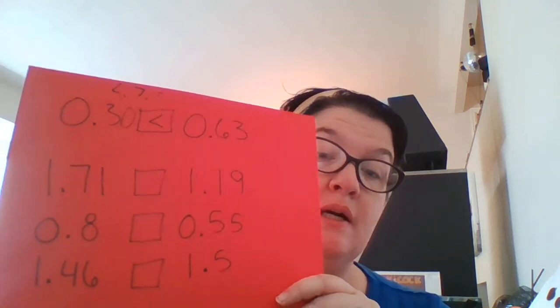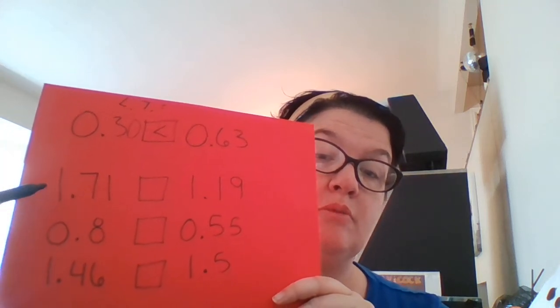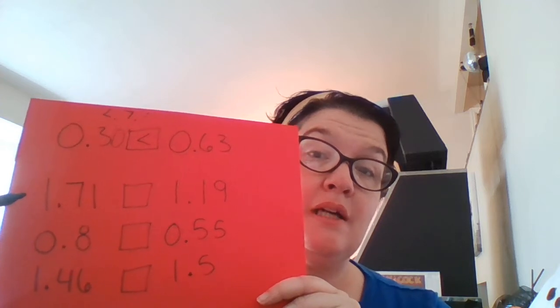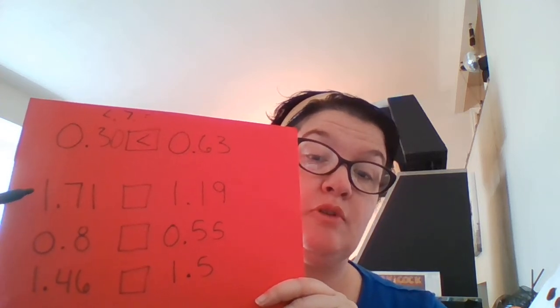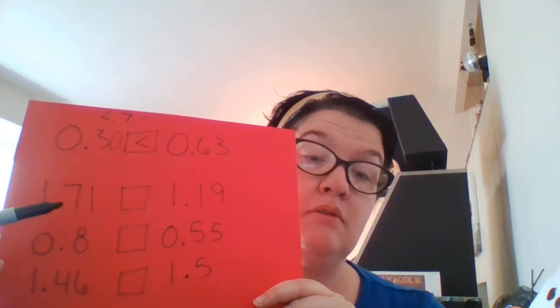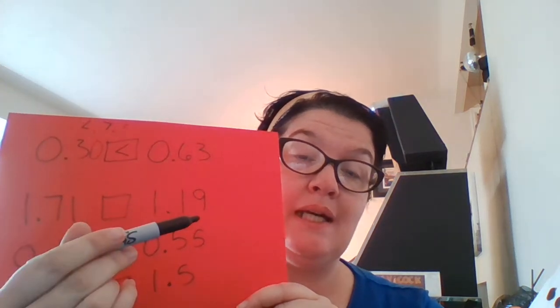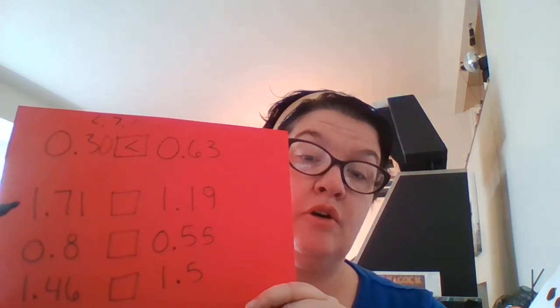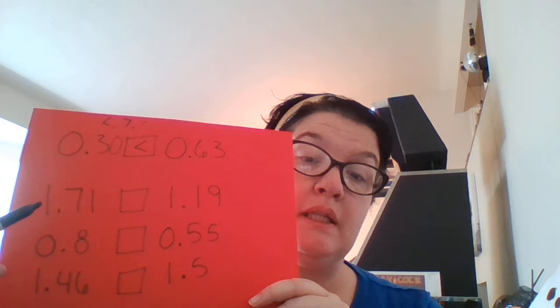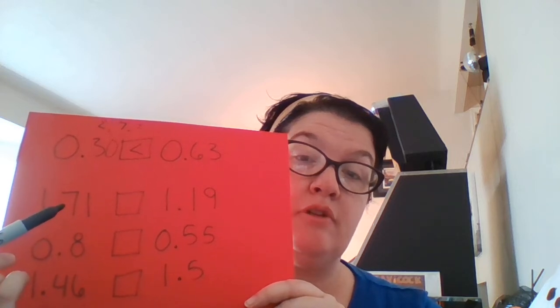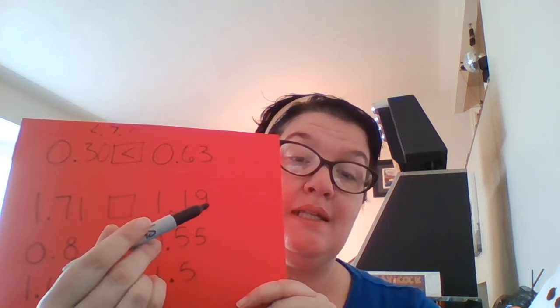Okay, this week you may also see some with whole numbers in the beginning. Please always look at the whole number first. For example, if this were a 2.71 compared to a 1.19, the whole number would always just be the first thing you look at. If this was a 2, this would be the greater number. As it is, these are both 1 and 71 hundredths, 1 and 19 hundredths.